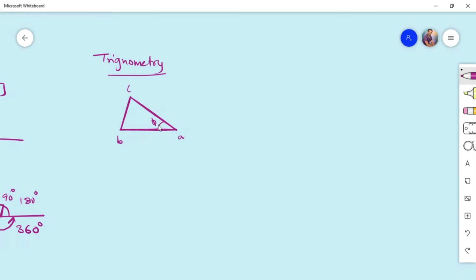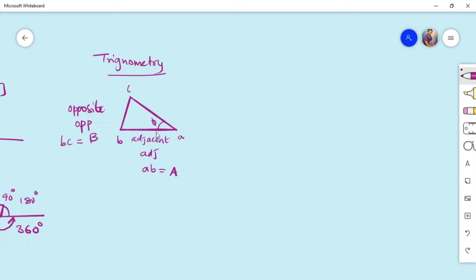So whichever side is right next to this angle, we call that the adjacent side, or in short ADJ, or we can represent that as AB. To ease it a bit, I am representing this AB as capital A. Similarly, the side opposite to the angle is the opposite side, or OPP, which I am representing as BC, the line between these 2 points, and as capital B for explanation purposes.